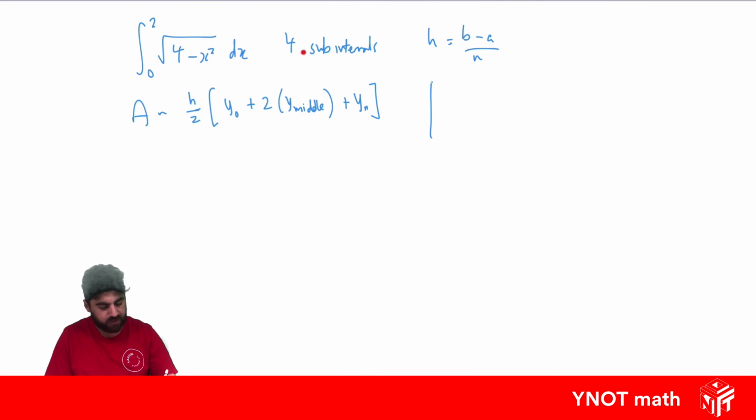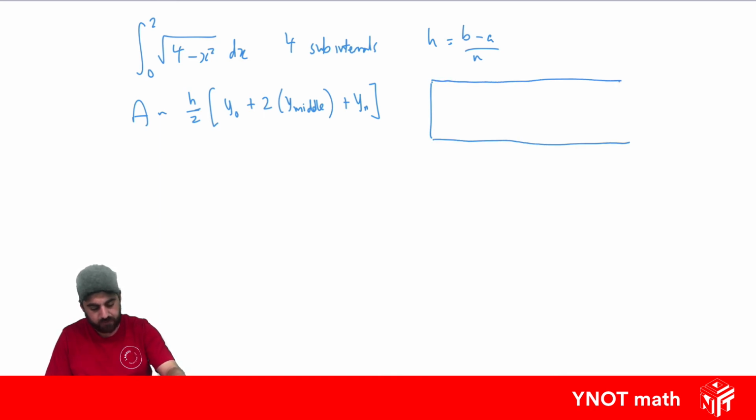So since we have 4 subintervals, that means we need 5 y values. So let's do a table with 6 columns. So we get our x and our y values, and we're between 0 and 2.